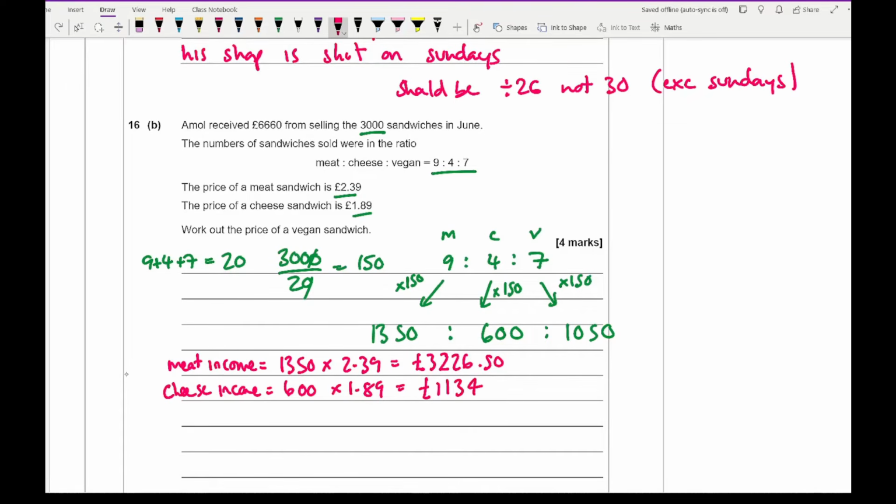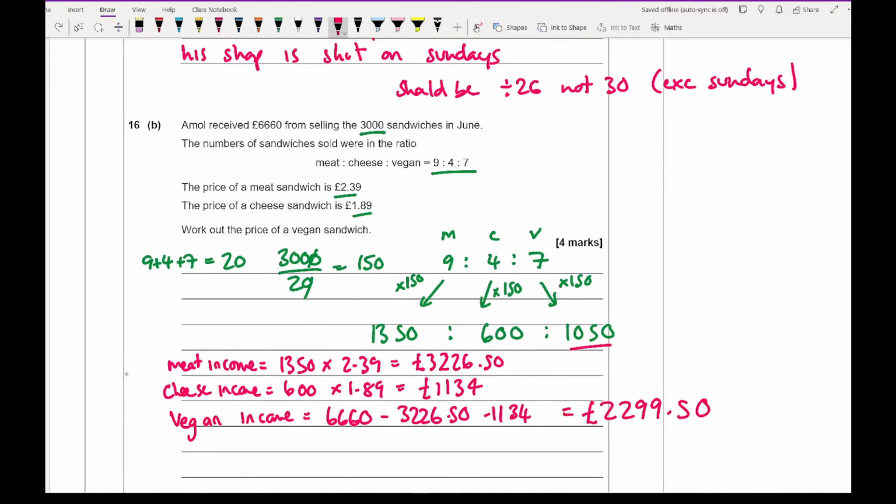So that means then that the vegan income is going to be 6660 minus the two amounts that we know, 3226.5 minus 1134, and we get a total income of £2,299.50.